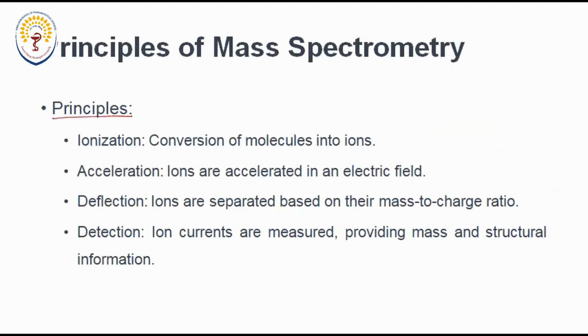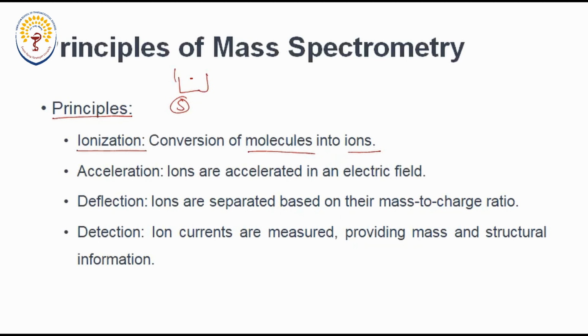So the principle involved, first, is ionization. In ionization we first convert the molecule into an ion. Let us say that in our sample we have a particular organic compound.